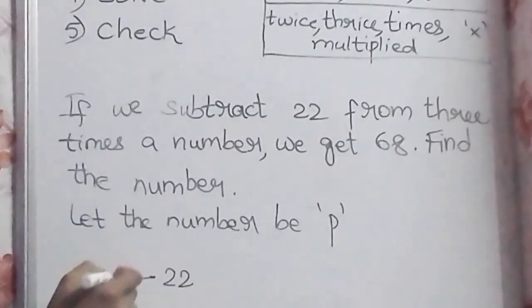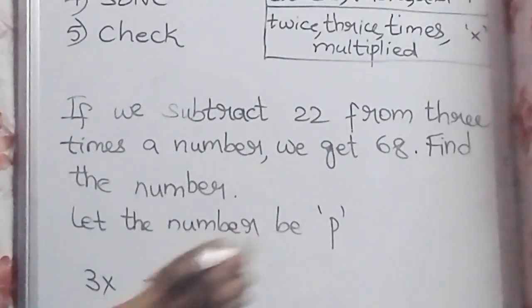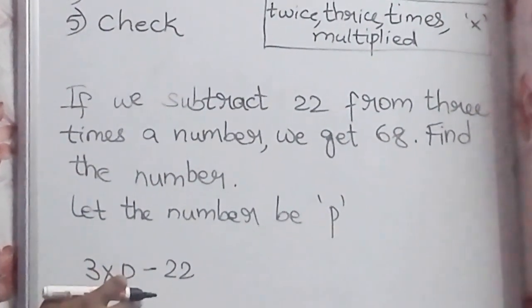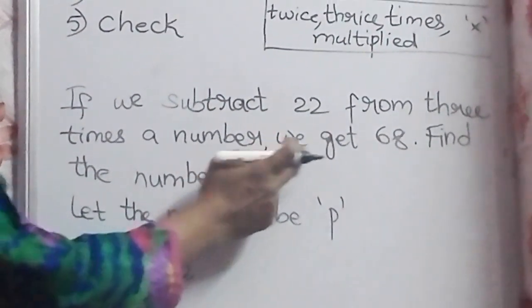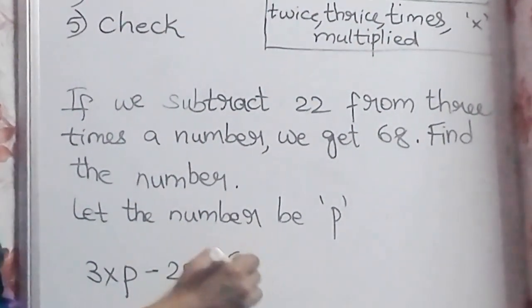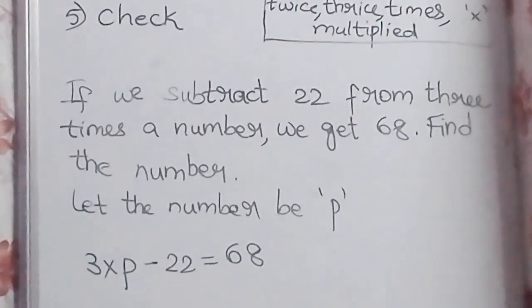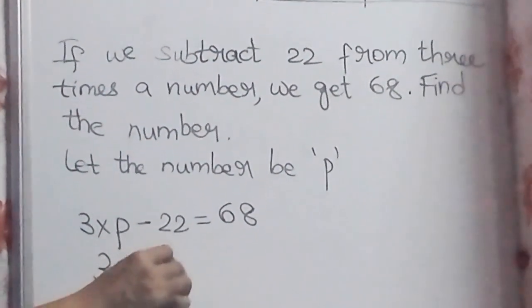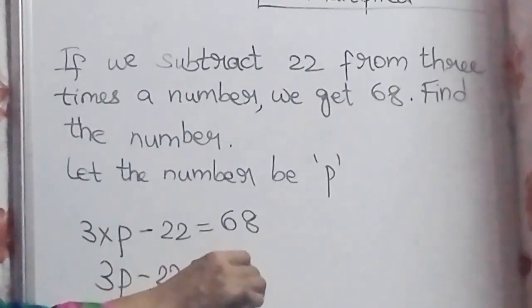The number is what we have taken? We have taken it as P. 3 into P minus 22. We get what? We get 68. This is nothing but 3P minus 22 is equal to 68.